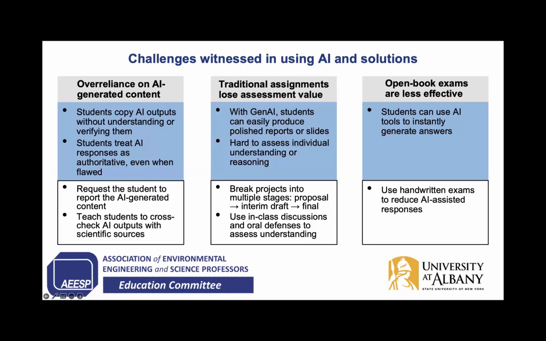I break the projects into multiple stages, such as a proposal presentation, an interim draft presentation, and a final presentation. This helps to track the progress and avoid one-stop generation of the final results or report.